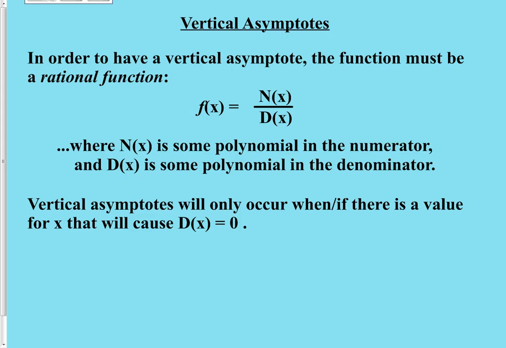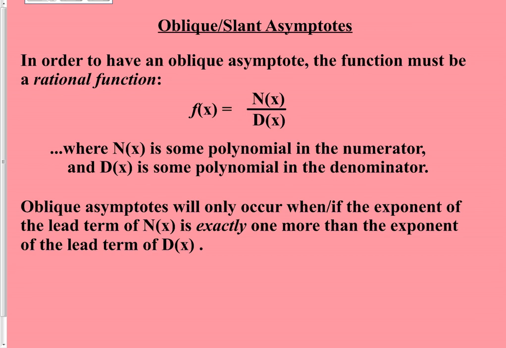Okay. Once again, for the vertical asymptote, you must have a rational function. And the only time a vertical asymptote can happen is if there is the possibility that the denominator can actually equal 0. Okay, so I think I said that backwards a moment ago on the horizontal asymptote.